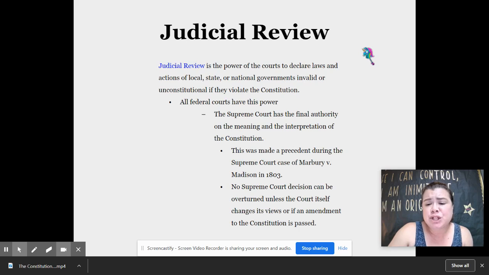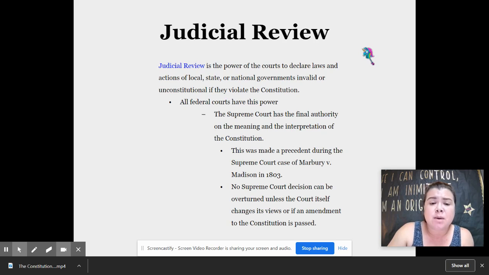Now, judicial review didn't really come into play until about 1803 in the case of Marbury v. Madison. In this case, Justice John Marshall made a decision that basically was a power grab for the judicial branch, and that they would get the final say over cases involving the Constitution and laws.